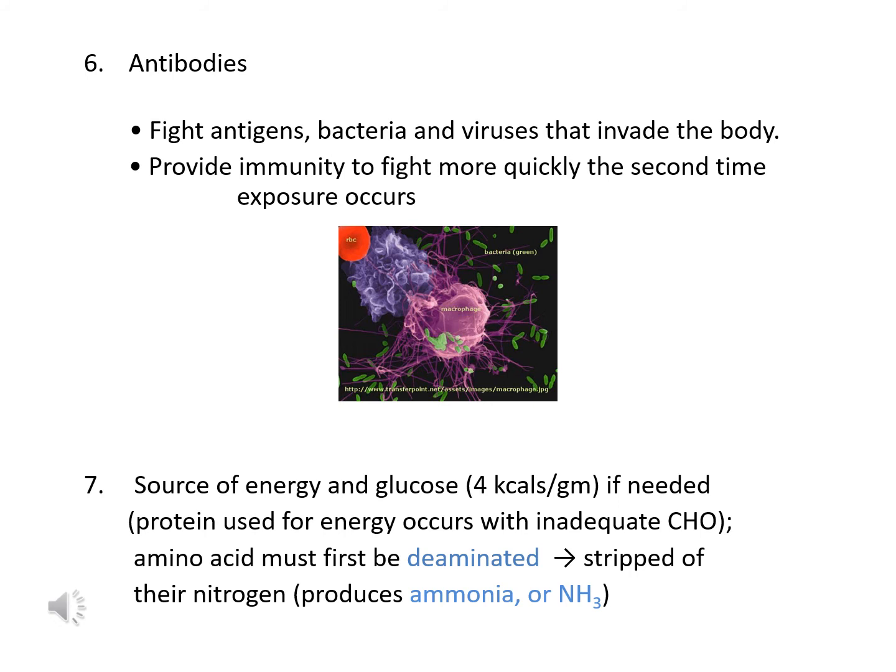Protein can also serve as a source of energy and glucose. While the body prefers not to utilize protein in this manner, it will occur if carbohydrate intake is inadequate or during times of fasting or starvation.